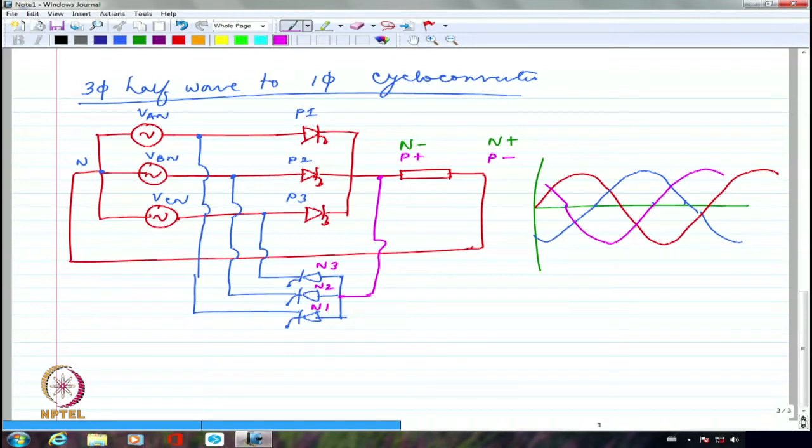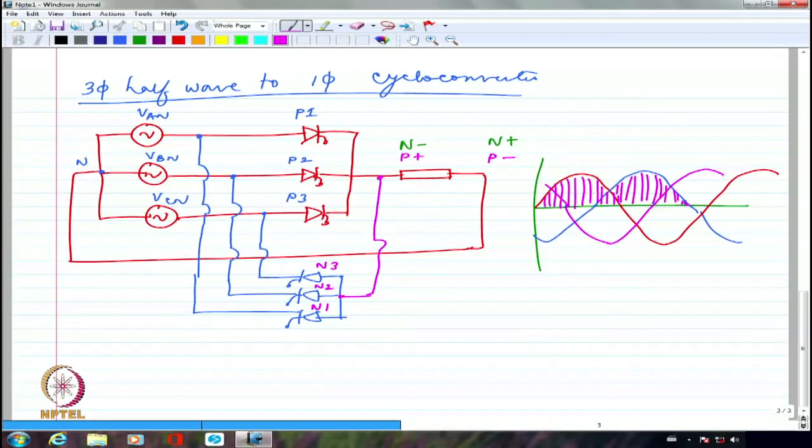So if I am actually firing the P converter, I am starting off from here, I may get all these voltage corresponding to P converter. Maybe I will do it until here. So I have given firing pulses only to P1 and P2. And I am not giving the firing pulse to P3. I will wait until the current comes down to 0.